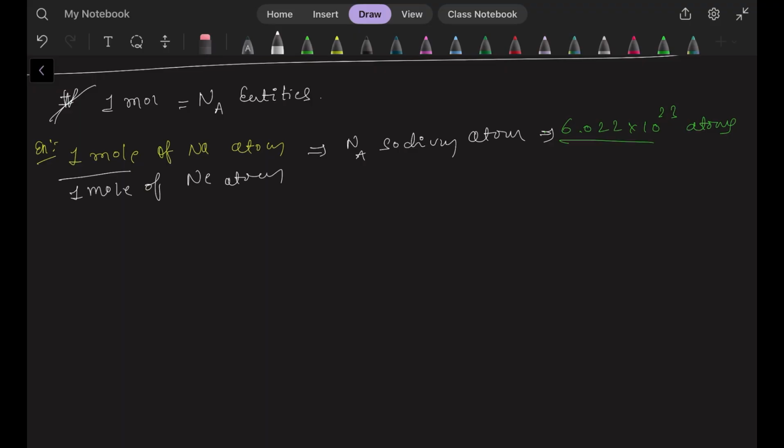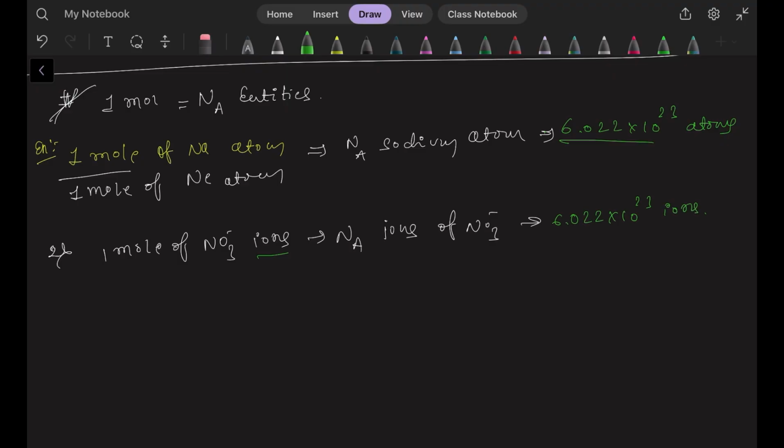Like this you need to understand. 1 mole of NO3 ions. Now I didn't take atoms, I am taking ions. How many ions are present in 1 mole? Same, Na, Avogadro number of NO3 minus ions present. That is 6.022 into 10 to the power 23 ions. Entity is nothing but what I mentioned: atoms, ions, molecules.